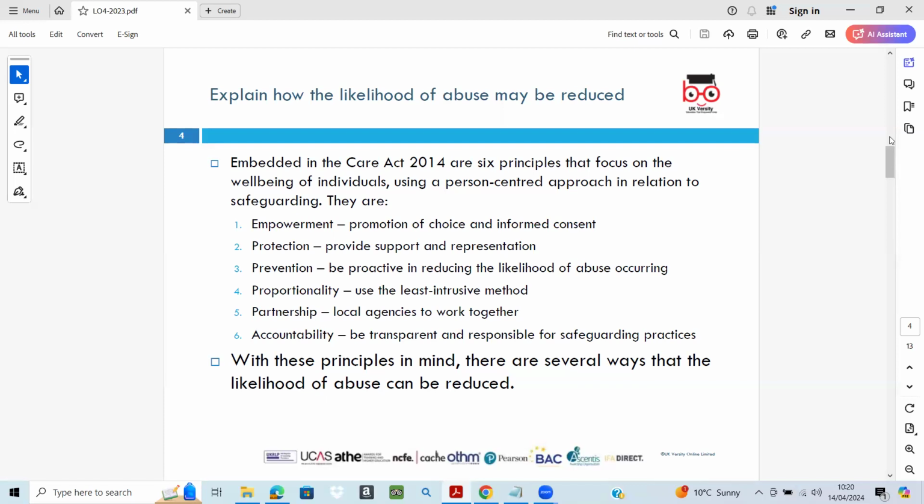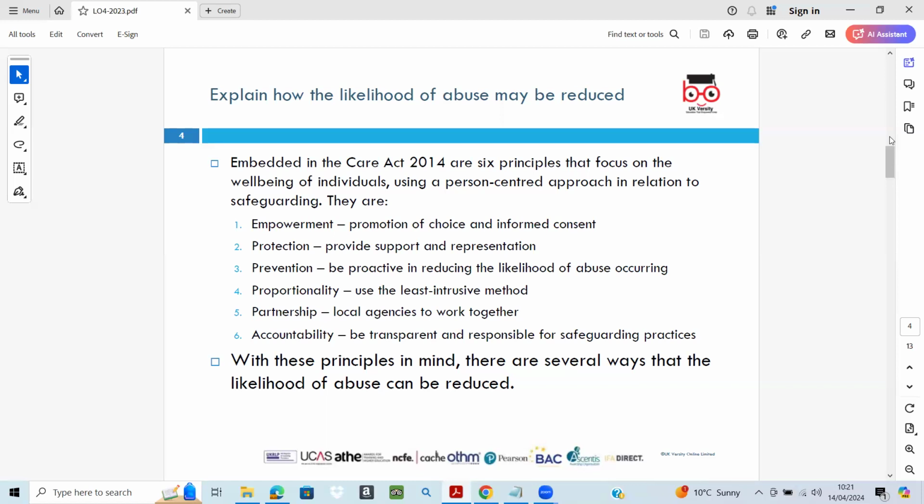So we are focusing on the practical application of the six key principles of safeguarding from the Care Act 2014. These principles aim to protect individuals by promoting their well-being through a person-centered approach. So the first one is empowerment.